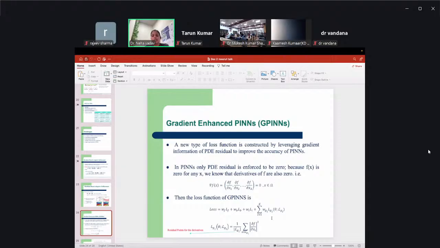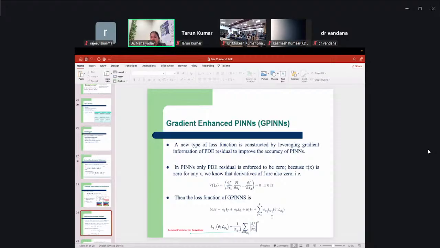Right. So if I relate it with the standard PINN, let us suppose L_f is the loss corresponding to the PDEs, L_b and L_i are the losses corresponding to the boundary condition and initial condition, and L_Gi is the loss which we are representing with respect to this gradient. And there is also a role of w_f, w_b, and w_i, which I mentioned are not all equal to one. I could have written it as L_f, L_b, and L_i, which means all the weights have equal weightage.